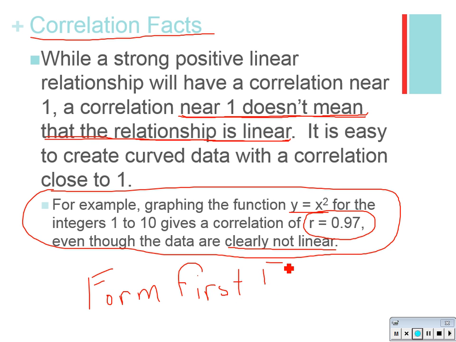Because if your scatter plot isn't linear, then the things we're talking about, in particular correlation, do not apply. Correlation only applies to graphs that are linear. Like I said, your calculator will compute correlation for anything, but for the purposes of what we're looking at here, the R value really only has significance for scatter plots that are linear.